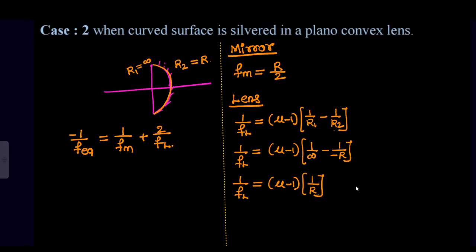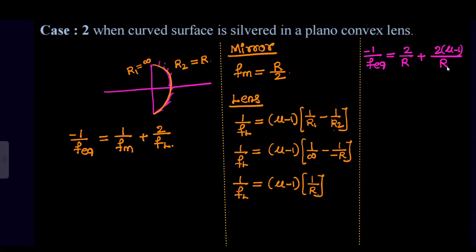Now we need to find the equivalent focal length. We use this formula: minus 1 by F equivalent equal to what? 1 by Fm. Fm is how much? R by 2, so 1 by Fm means 2 by R, plus what? We multiply the lens term by 2, that is 2 into (mu minus 1) by R. Take the LCM to simplify.